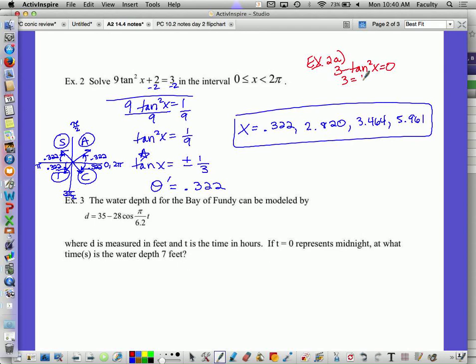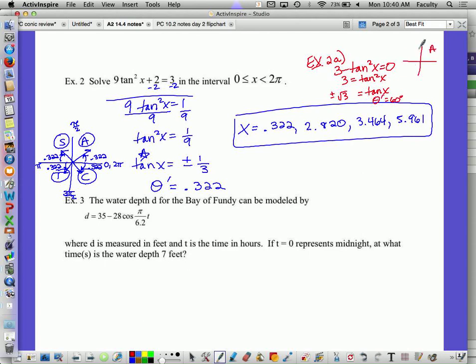Okay, on 2A, the first thing I did is I added tangent squared x. And then you have to do the plus or minus the square root of 3. If you look at a 30-60 right triangle, it's there. What would be my reference angle? 60 degrees. So theta prime is 60.